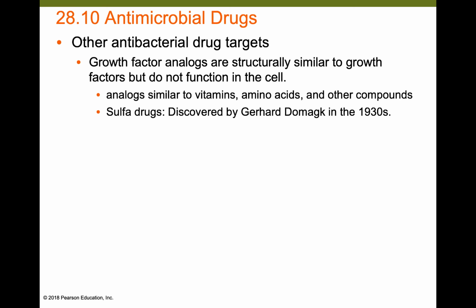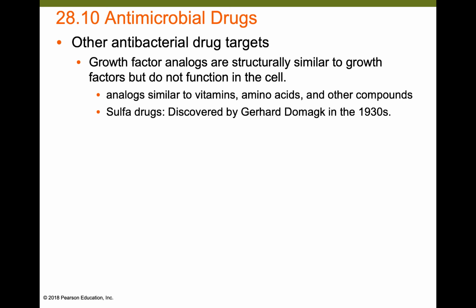Other antibacterial drug targets can include biosynthetic pathways that perhaps eukaryotic cells don't have, things that will interfere with vitamins or amino acids or other types of compounds that the cell will try to incorporate but won't be useful for what the cell actually needs, which can lead to the cell's death. Sulfa drugs are an example of antibacterial compounds that fall into this category.